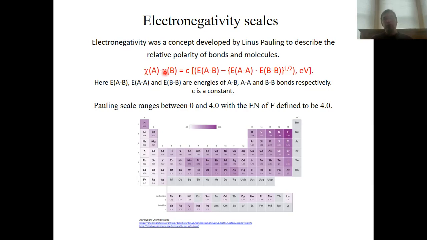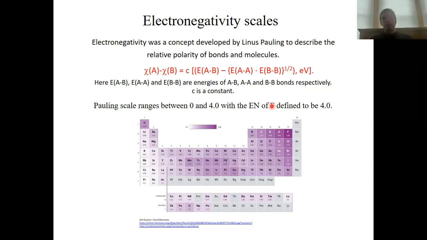And Pauling defined the reference point to be the fluorine, and he assigned arbitrarily a value of 4 to the electronegativity of the fluorine, and he ordered all the electronegativities of all the other elements relative to the electronegativity of the fluorine.